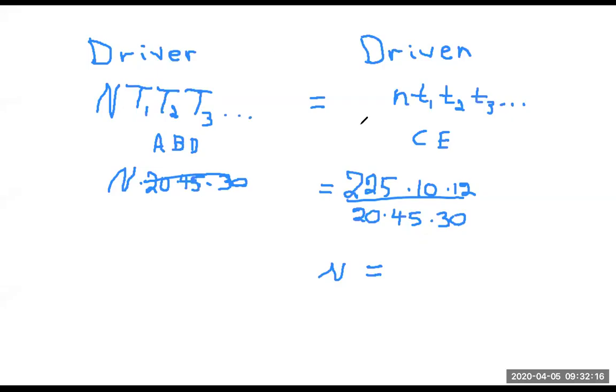Easy to fix. We're going to put in B here, and B is 45, so let's tack it on here. What you want to see in this is that 45 is showing up in the numerator and the denominator. B is a driver and it's driven.